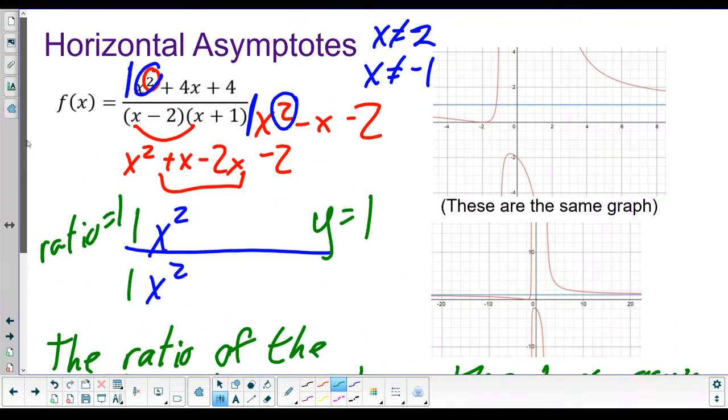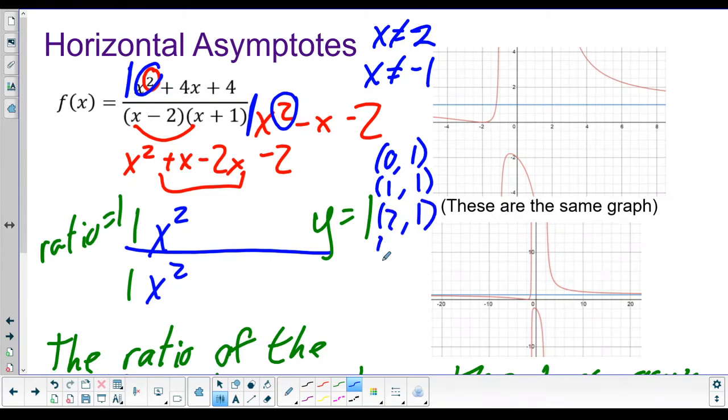So now let's go look and see what that means. Just like we said x equals a number is a whole bunch of repeated x values, y equals a number is the same thing. So this is (0, 1), (1, 1), (2, 1), (3, 1), and so on. So it would be this point, this point, this point, this point.